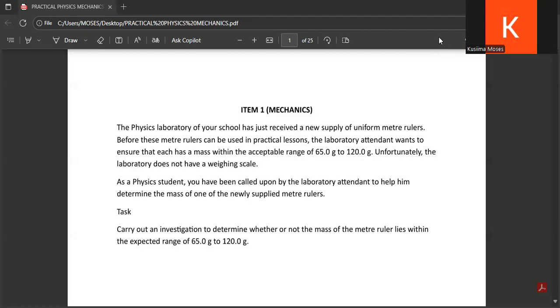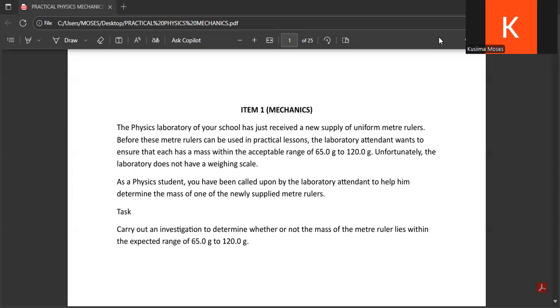So you have read through the item. First and foremost, you need to know where this item comes from, because each item in the practical paper has a principle, a law, a branch of physics where it comes from.